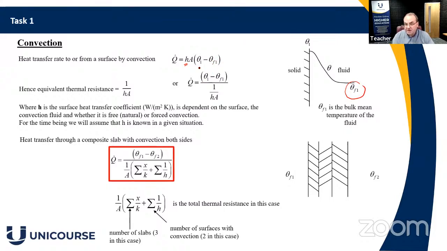We can rearrange that equation, so we get Q is equal to theta 1 minus theta F1 divided by 1 over H times A.